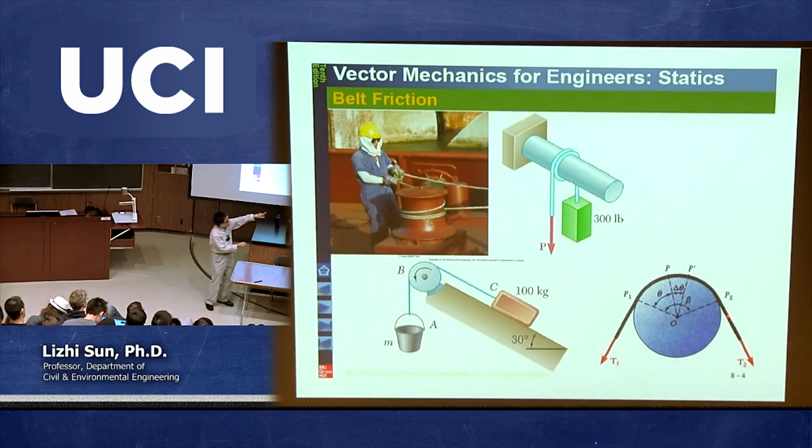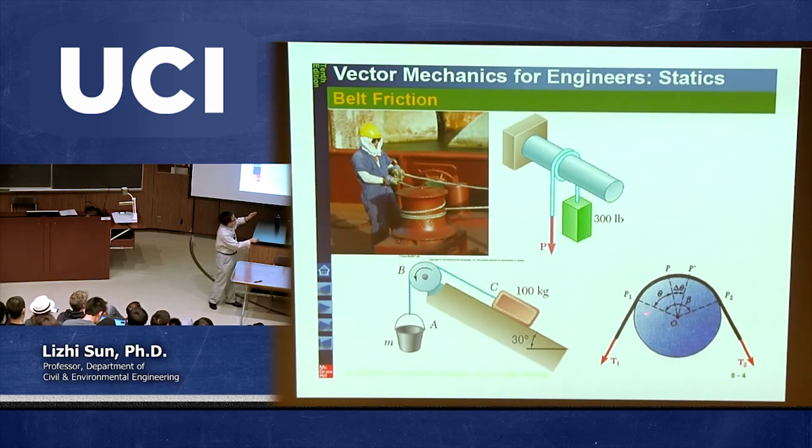So in other words, if you ignore the friction, then T2 is always equal to T1 because there's no friction. But if you do need to consider the friction, then T2 is not equal to T1. But which one is bigger? It depends on which direction this will tend to rotate.